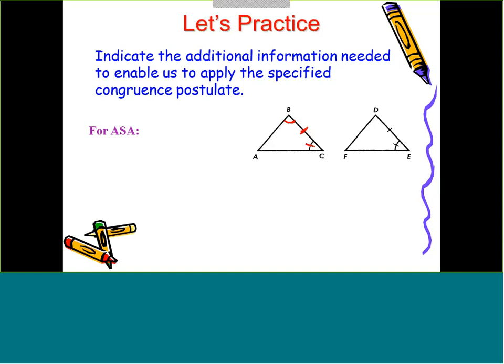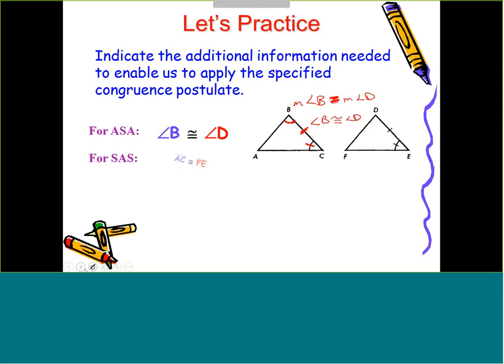So I would need to know that the measurement of angle B is equal to the measurement of angle D. Whenever I use measurements, I need to use the equal sign. But if I just said angle B, then I can use the congruent symbol. So I would need to know this little bit of information in order to be able to state angle, side, angle.